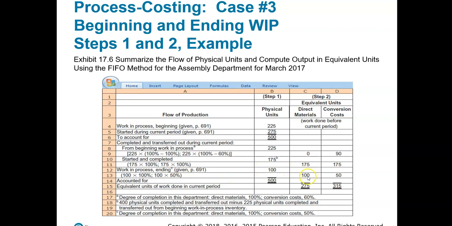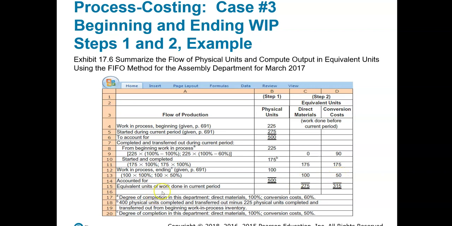So we're going to take the ending units in inventory and multiply them by the completion for direct materials. They're fully complete, so 100 units. And then we're going to take my ending work in process inventory and multiply that by the percentage of completion done in the current period, which is 50%. So 100 times 50% gives me 50 equivalent units in ending inventory.